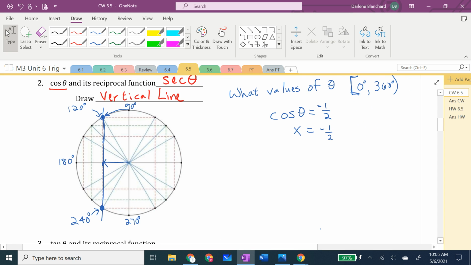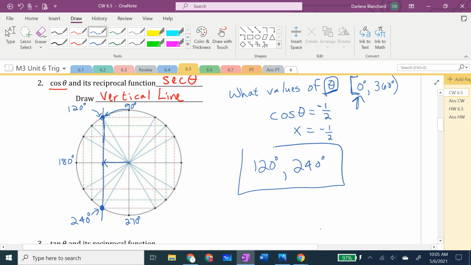So what I have here is my answers to theta within this interval are 120 degrees and 240 degrees. And those are two solutions to that equation.